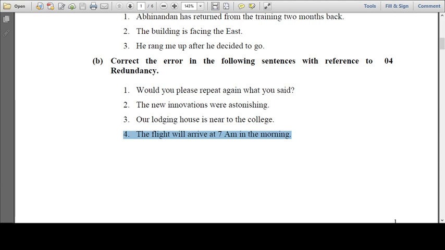We have to remove in the morning, because when we use a.m., it itself gives the meaning of morning, so in the morning is not required.